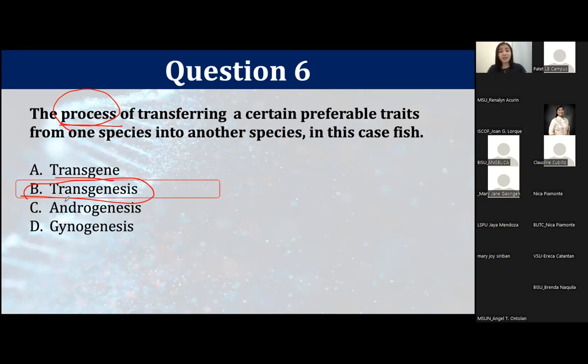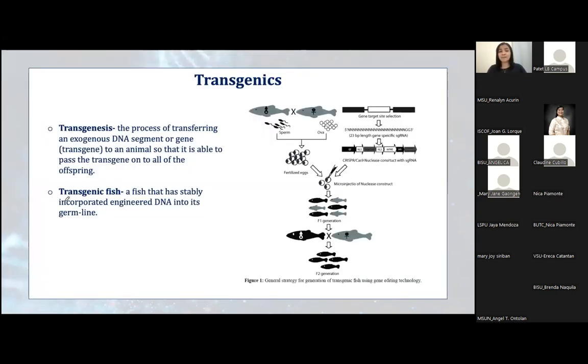Okay, so transgenesis is the process of transferring an exogenous DNA, or that exogenous DNA segment is the transgene, to an animal so that it is able to pass the transgene on to all of the offspring. The fish that has an inserted transgene is called a transgenic fish.